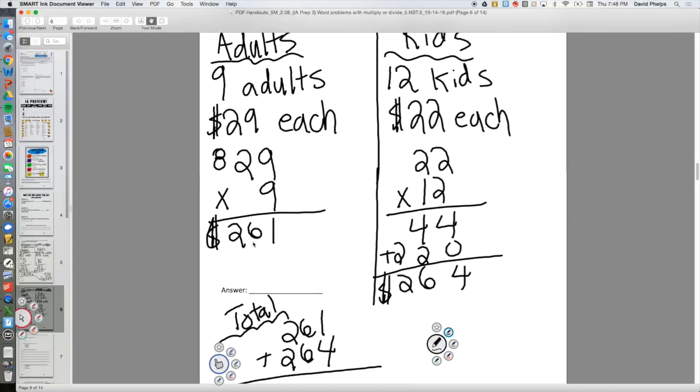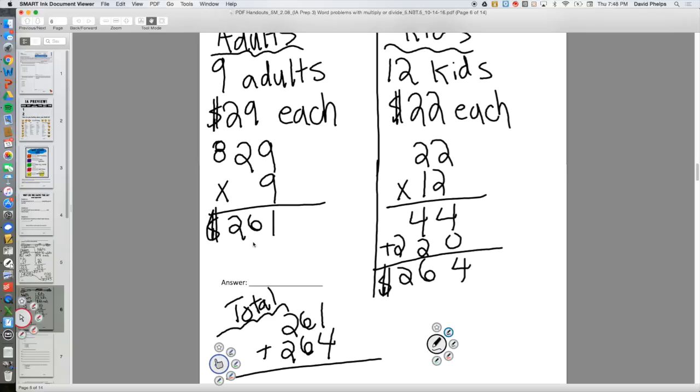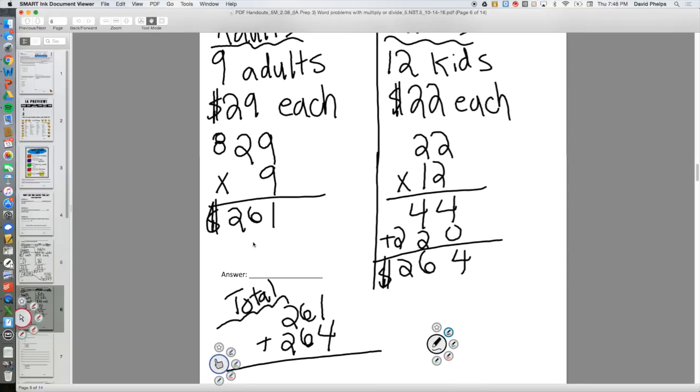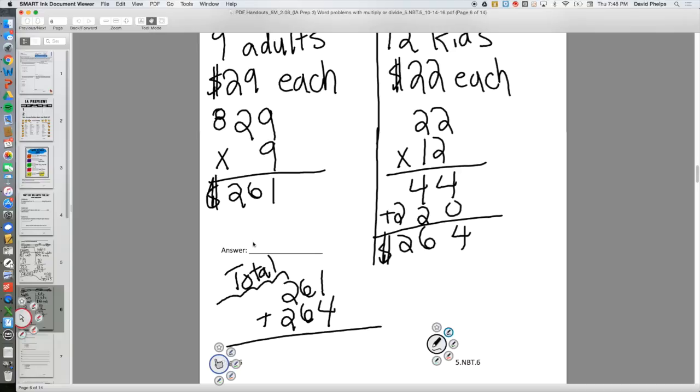The kids will cost, according to my work, $264. And now we need to find the total by adding them both together.